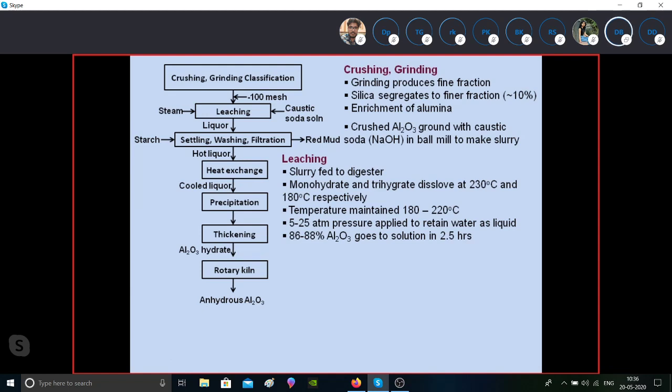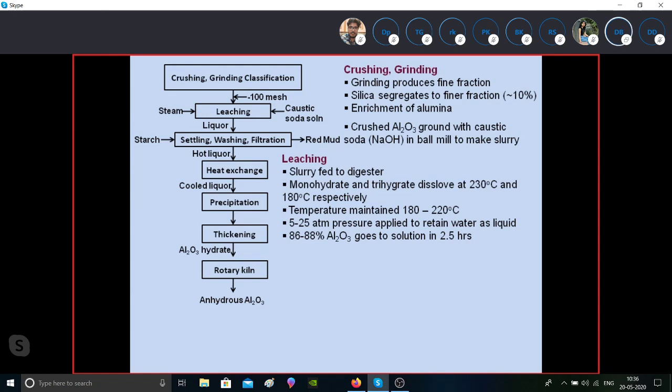The pressure can be 50 atmosphere, 100 atmosphere within the chamber. So it is a reactor which is a combination of high temperature and high pressure. A digester is nothing but an autoclave, used to bring alumina into solution.